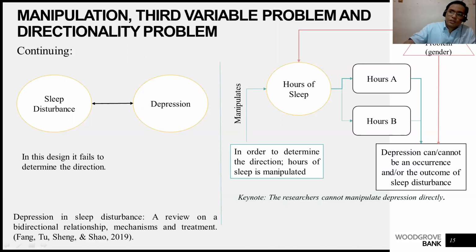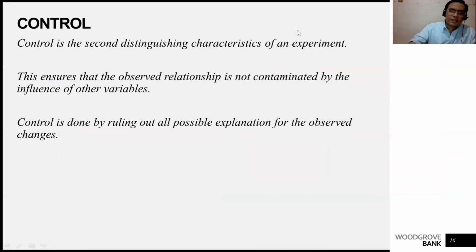With those manipulations, they achieved a true experiment, and they can conclude that the results of their research are plausible and not contaminated. So let's move on. The next element that is important in a true experiment is control. Control is the second distinguishing characteristic of an experiment.